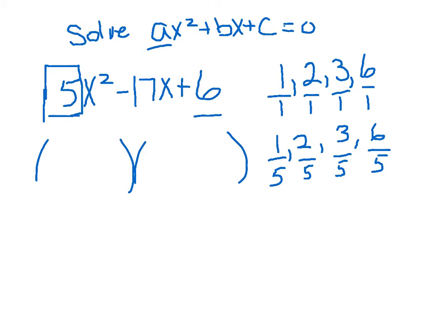So on these, instead of starting with the 6, I like to start with the first term. What are all the ways I can multiply together to get 5x squared? Well, thankfully, 5 only has 2 factors, the 1 and the 5. So one has to be 1x, and the other has to be 5x, because that's the only way to get 5x squared.